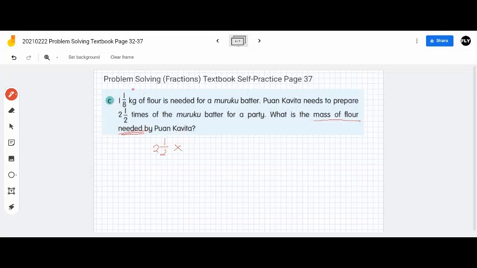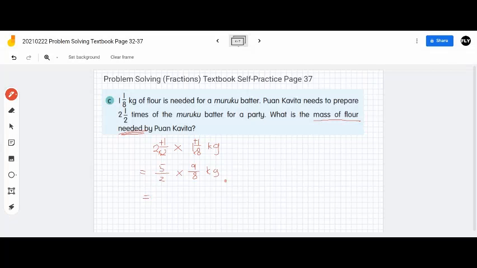Times 1 1/8 kg of flour. Both of them are mixed numbers. You have to change them to improper fractions. So 2 times 2, 4 plus 1, 5. 5/2 times 8 times 1, 8 plus 1, 9. 9/8 kg.